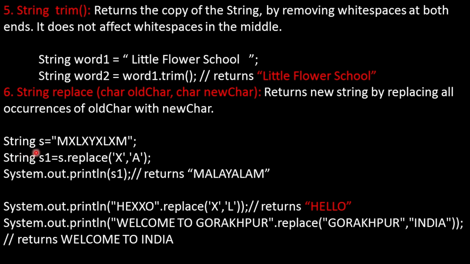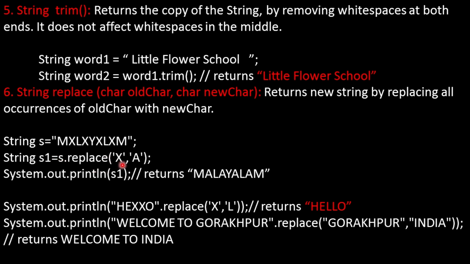See, my string is S, and this is the letters I have declared in this. This is my string and these are the letters. Now, what type of return does the function have? String return. So in order to store the answer, I need a string variable. I have declared here S1 equals S dot replace.